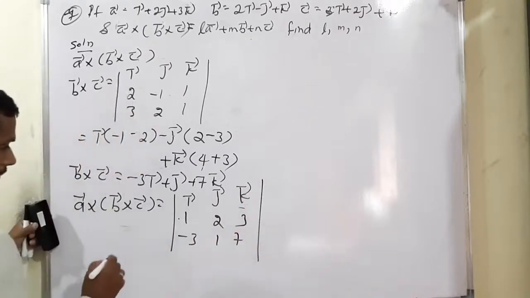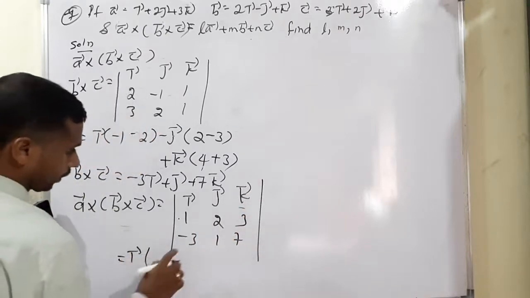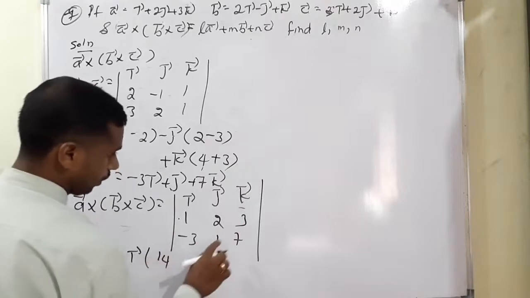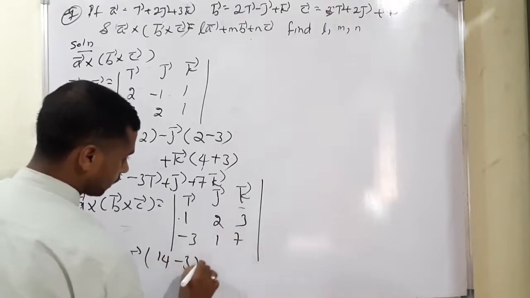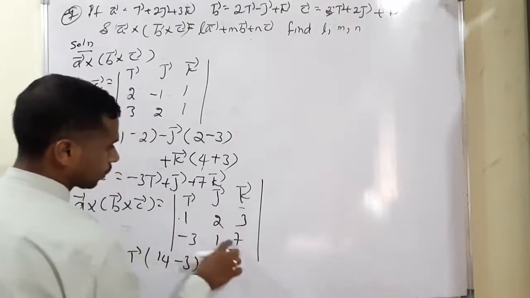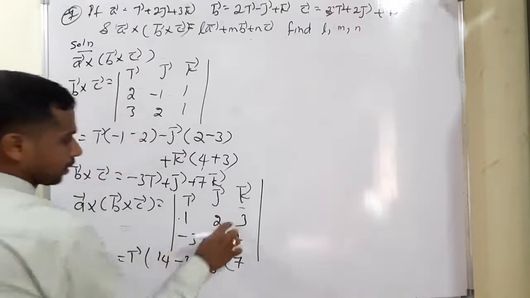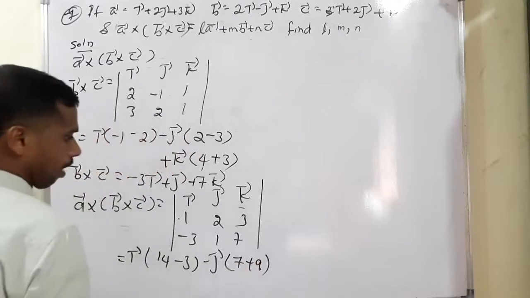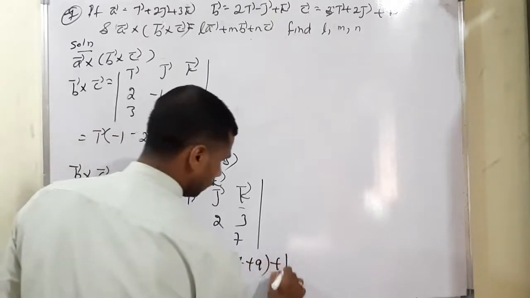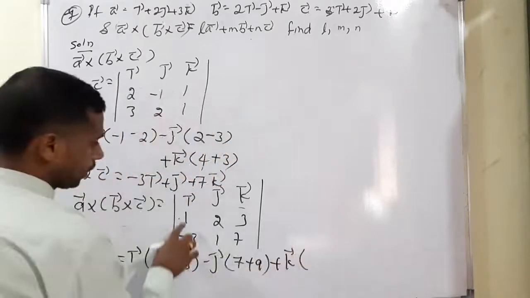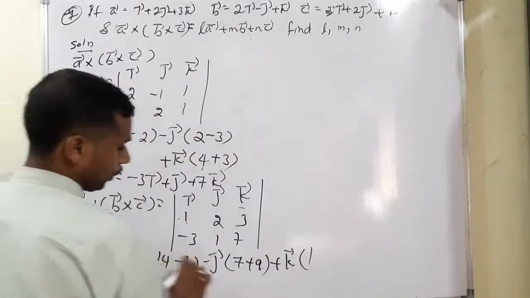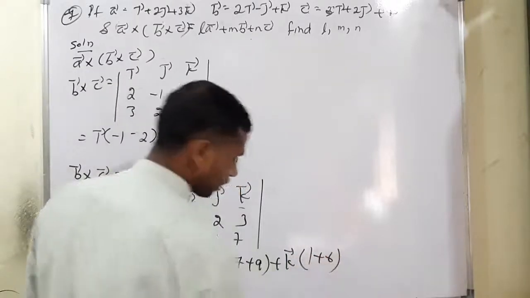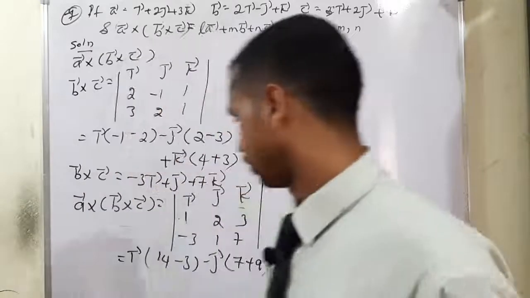For i vector: 2 sevens are 14, 1 three is 3, minus 3. Minus j vector: 1 into 7 is 7, minus 3 into 3 is minus 9, so positive 9 will come. Plus k vector: 1 into 1 is 1, 2 into minus 3 is minus 6, but cross multiply gives an extra minus, so positive 6.